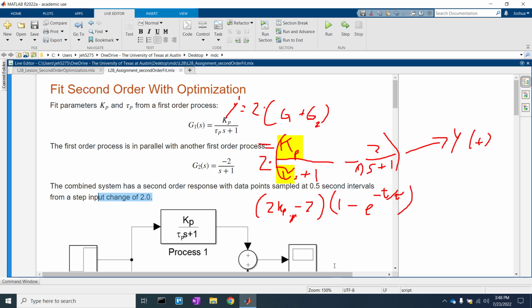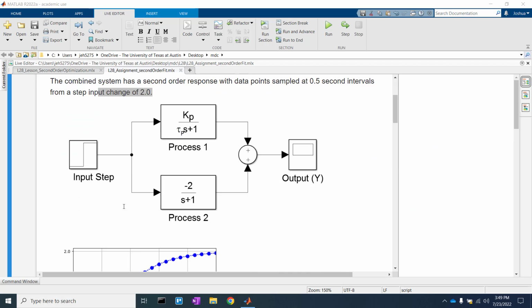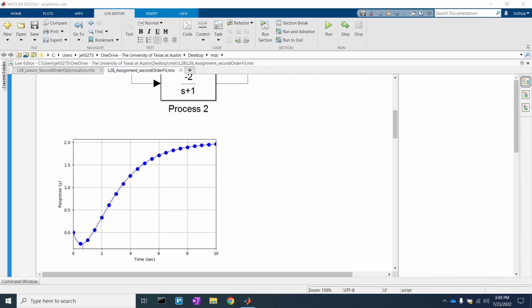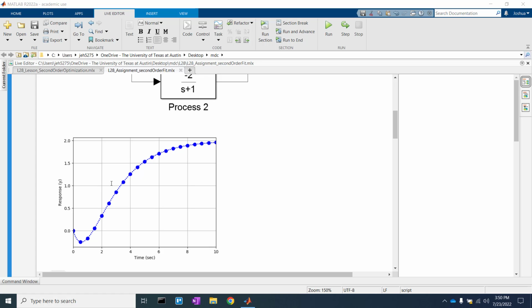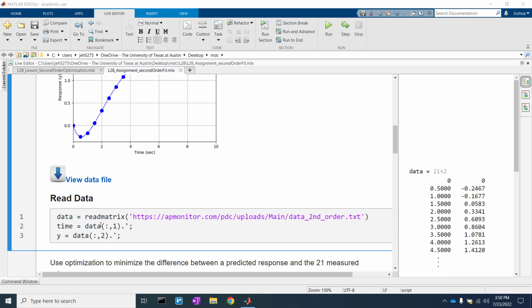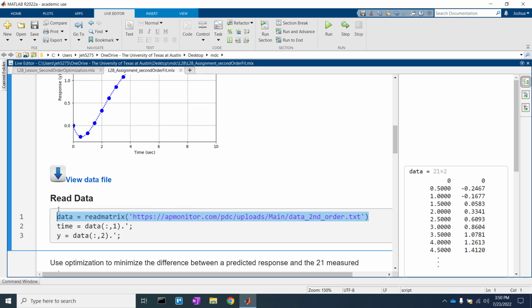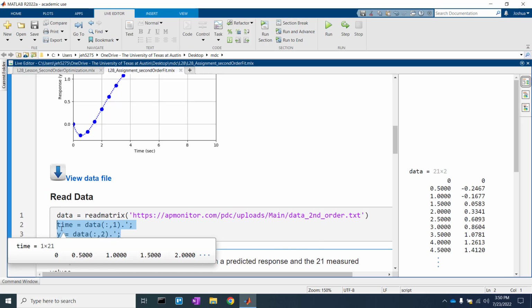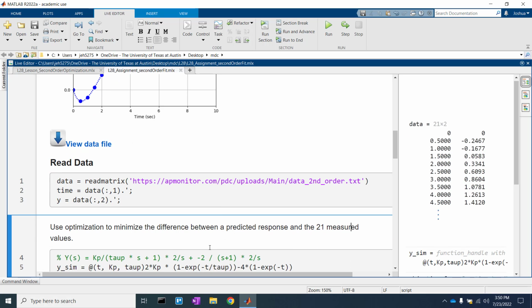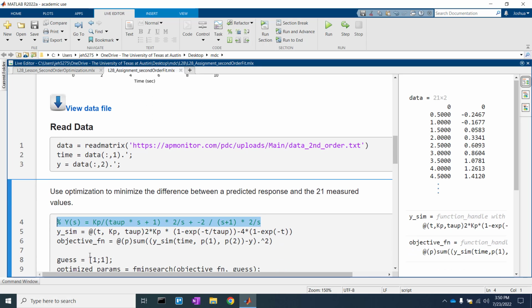So let's look at how we would do this and fit it. The first thing to do, we notice this is the fit of our data. We have a step change of 2, and our response is about 2. We'll read it from this second order link here into our matrix, where we have column matrices for time and y, our output. This is our Laplace form right here, as we mentioned before.